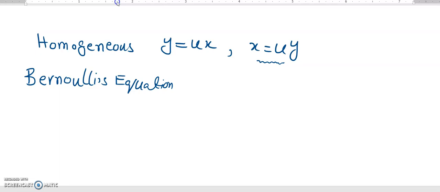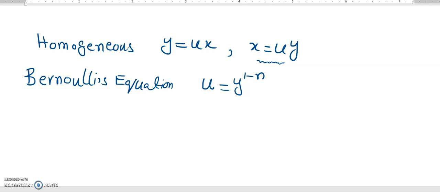So the substitution which is used in this case is u is equal to y power 1 minus n, where n was the power in the Bernoulli's equation on the right hand side.